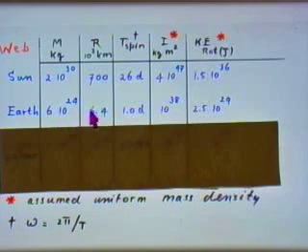This is the radius of the Earth, and you see the moment of inertia of the Earth. Now I want to know how much kinetic energy of rotation these objects have. Well, the sun rotates about its axis in 26 days, the Earth in 1 day, and so I finally convert everything to MKS units, and I find these numbers for the rotational kinetic energy.